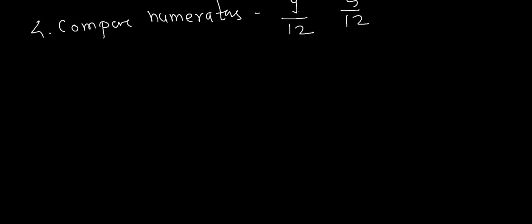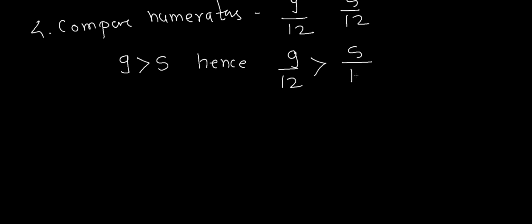So to compare now, we just need to compare their numerators. So here 9 is greater than 5, hence 9 by 12 is a greater fraction than 5 by 12.